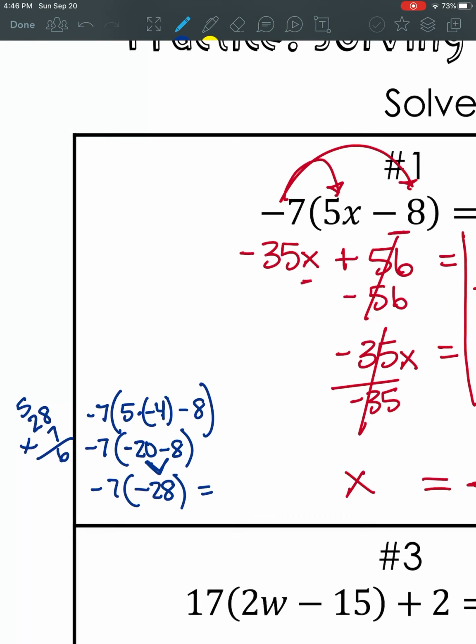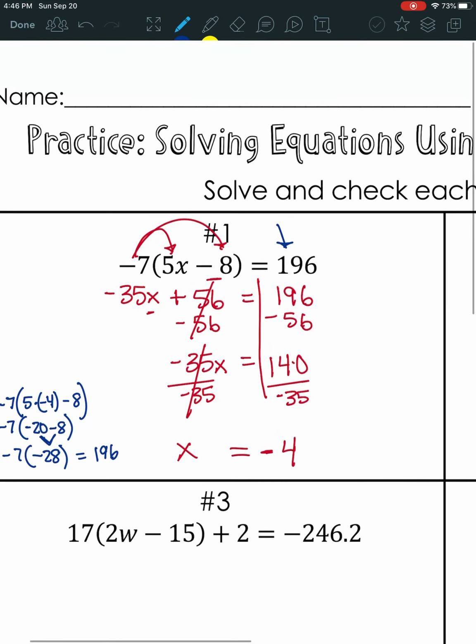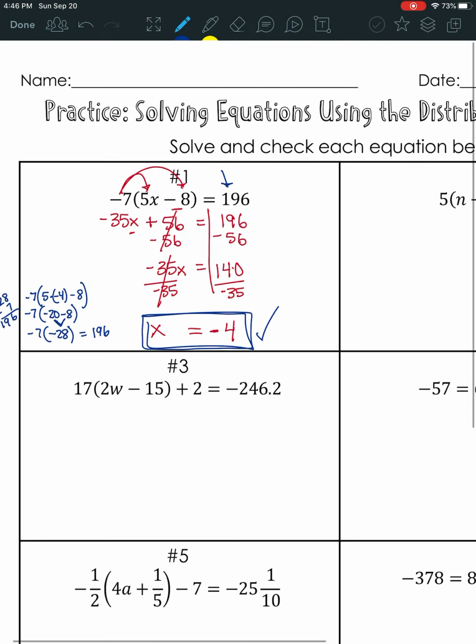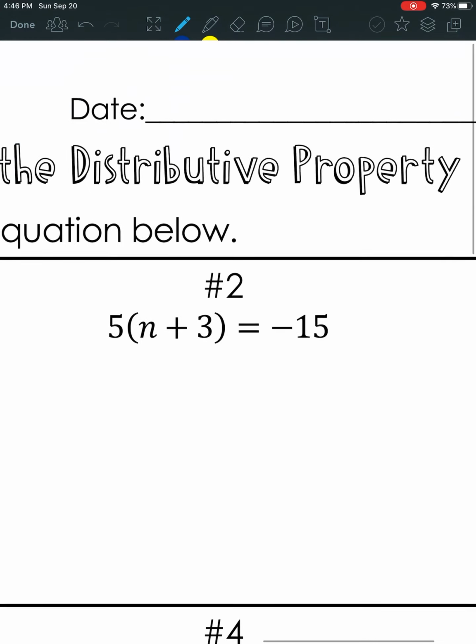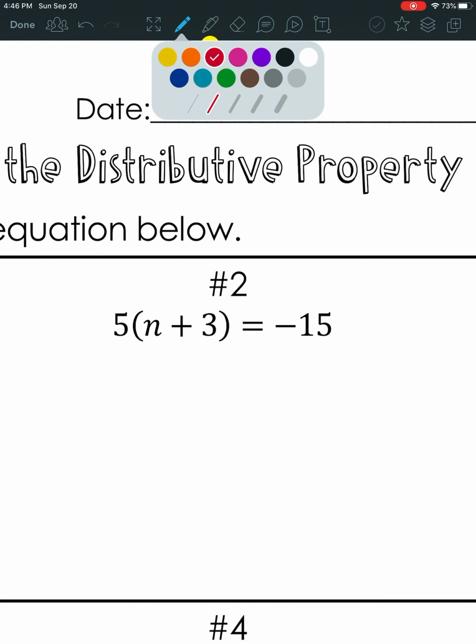And then we'll do that times negative 7. We know it's going to equal a positive. 28 times 7. 7 times 8 we get 56. 7 times 2 is 14. Add your 5, so we get 196, which is what we started with. I keep telling you guys, yes, it does take some time, but checking your work, I know for a fact that answer is correct. Okay?